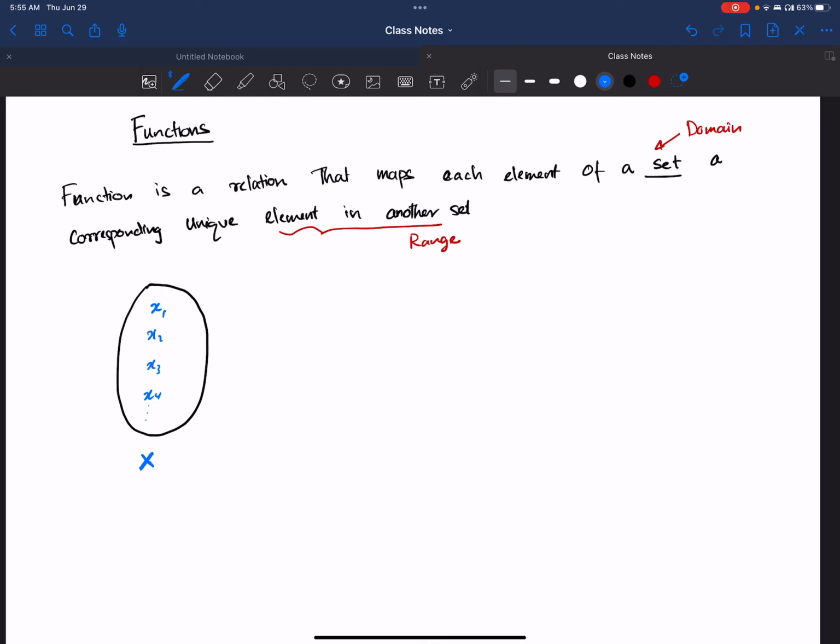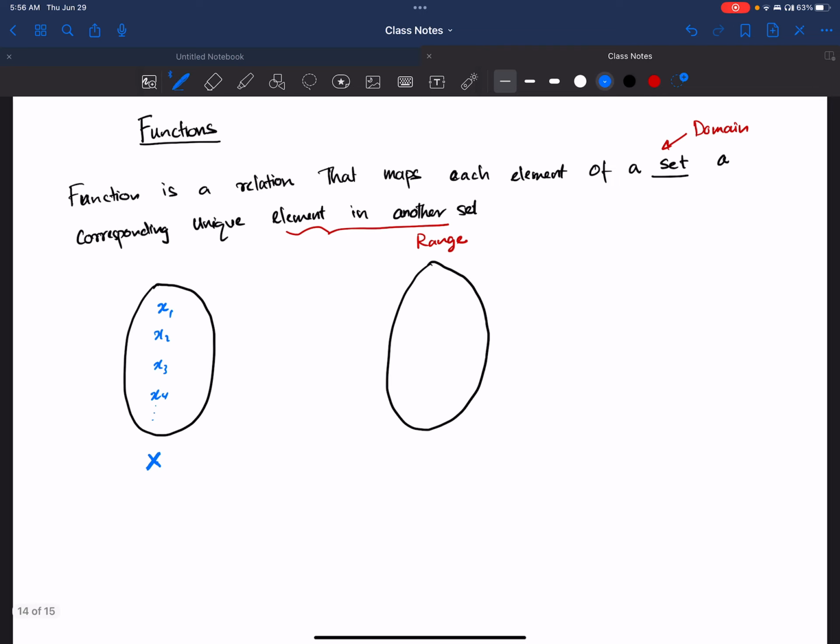And then you have another set with different elements: y1, y2, y3, y4, and so on. I'll name this set Y.